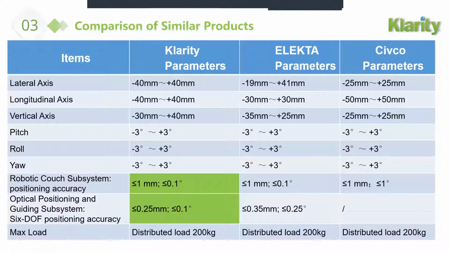And this is about the comparison between parameters of Klarity, Elekta, and Civico. About the robotic couch, the parameters are almost the same.